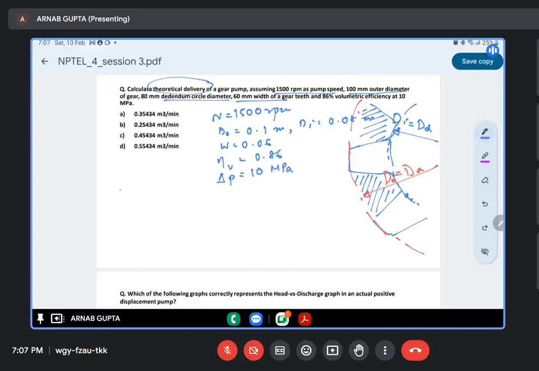So theoretical delivery, we know it is theoretical volumetric displacement into N. We'll just plug in the values. Again, we are just considering the annular space between the outer and the inner imaginary circles, into W, times N. So what will be the answer here? Come on, you should also calculate, right?